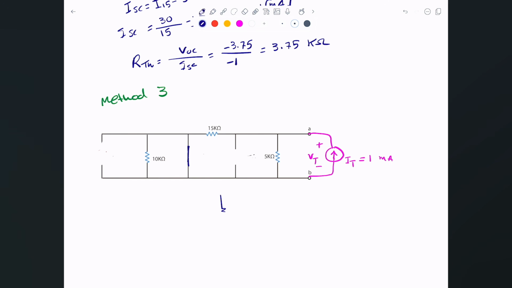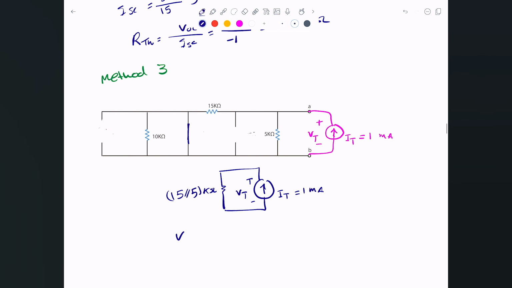It's a single loop circuit, and I know that the current is I of t, which I set to be 1 milliamp. What I'm interested in is the V of t across it. V of t is simply I of t, which is 1 milliamp, times 5 in parallel with 15, and that will be 3.75 volts.